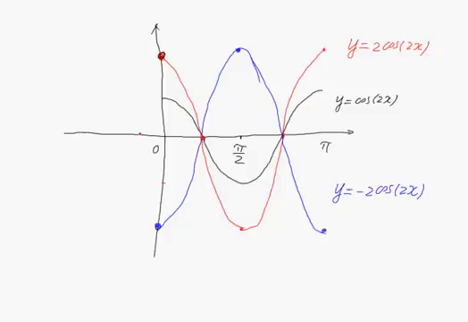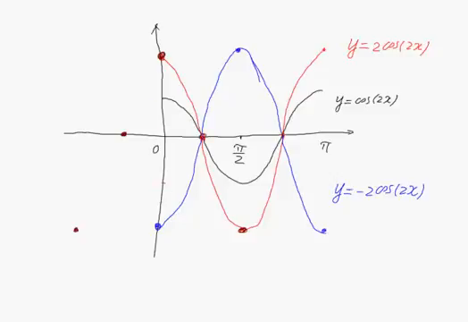So this point shifted to here, and then this one shifted to here, and then this one from pi to half pi. This point shifts to here, and then this guy from here to here, right?